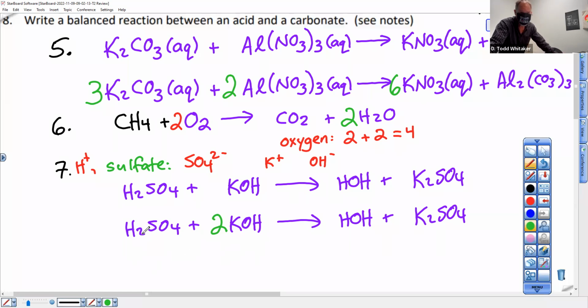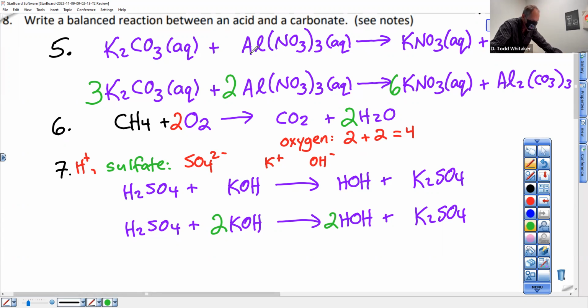How many H pluses? 2 H pluses. How many waters are made in this reaction? 2. 2 OHs met 2 H pluses. Each time they met, they made a water. Okay? And there's your final answer.